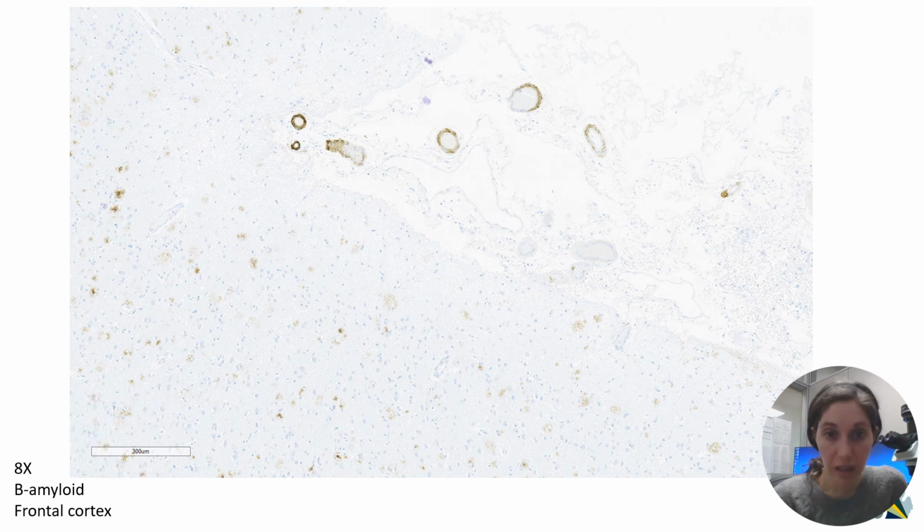And what you can see is, kind of down below is the surface of the brain, and you can see lots of these little brown patches. So these are amyloid plaques. But if you look up to the surface, you can see these brown circles, and these are these leptomeningeal vessels that have amyloid accumulating in the wall.